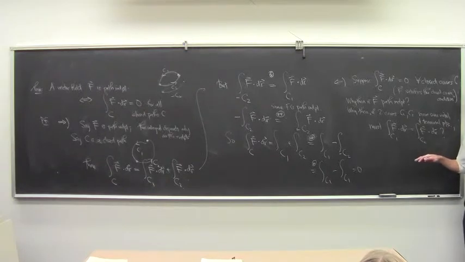Why is that going to happen? All we know, what we're given, is that the integral over a loop is going to be 0. Why does that force integrals that have the same initial and terminal endpoints to have the same value?